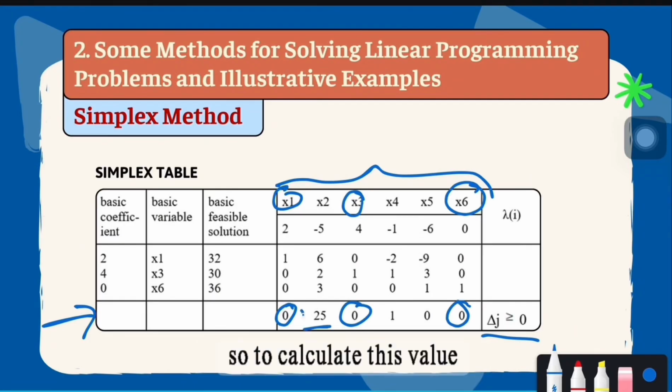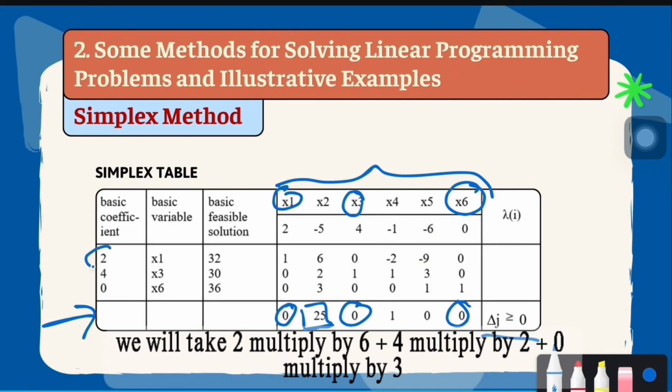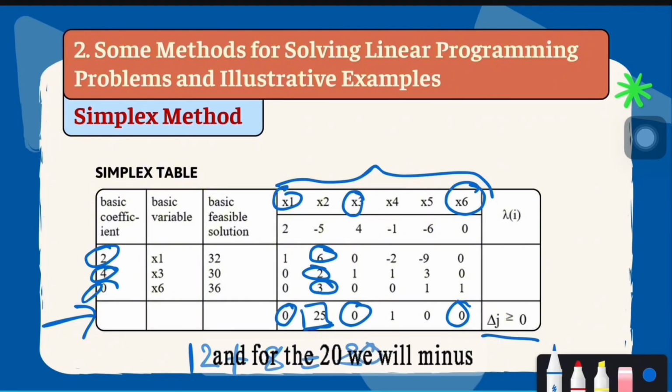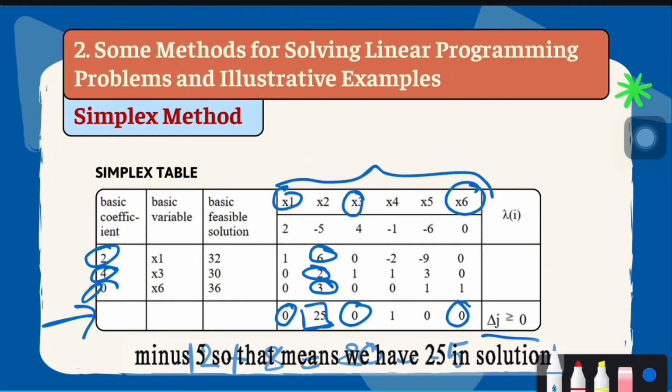To calculate this value, we take 2 multiplied by 6 plus 4 multiplied by 2 plus 0 multiplied by 3. 2 multiplied by 6 is 12, plus 4 multiplied by 2 is 8, and then we have 20, and for the 20 we will minus 5. So that means we have 25 in solution.